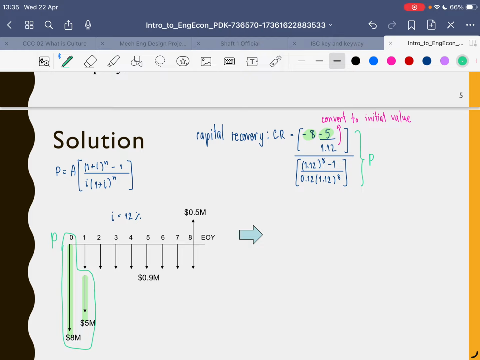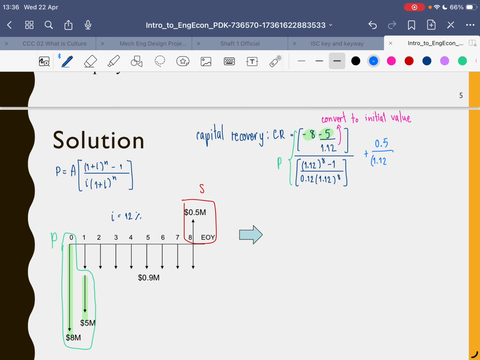And this is plus $0.5 million, right? For me, the easiest thing to do is bring it back to time 0 first. Therefore, I divide it by 1.12 to the power of n in order to bring this salvage value to the present, time 0.